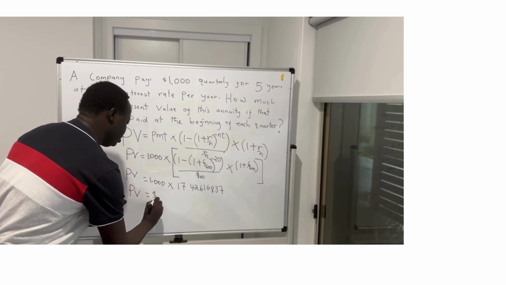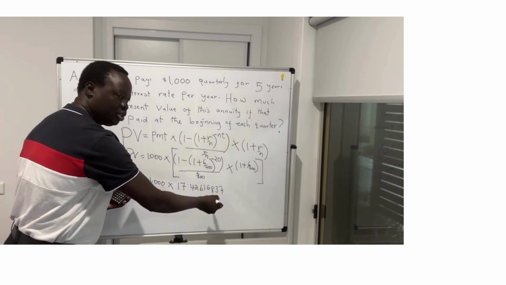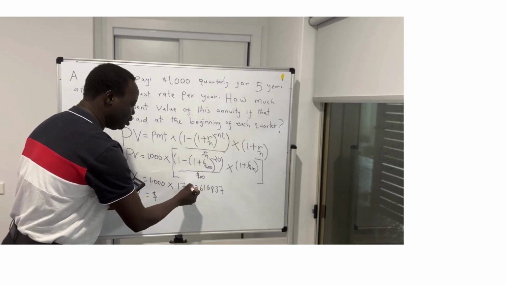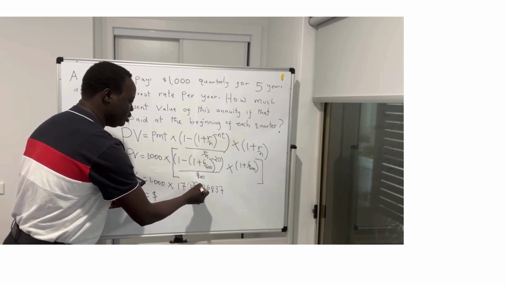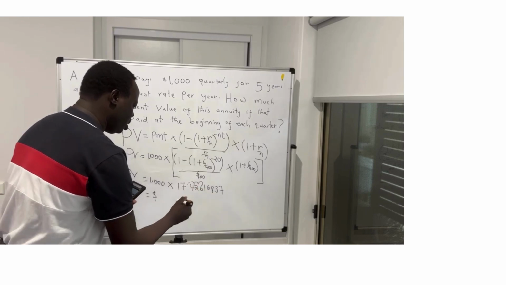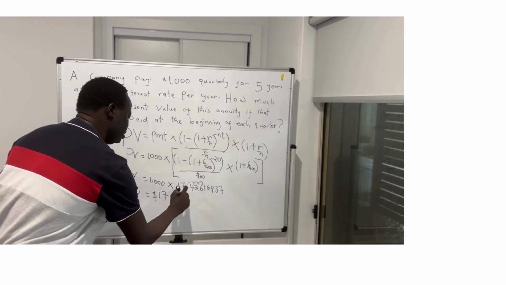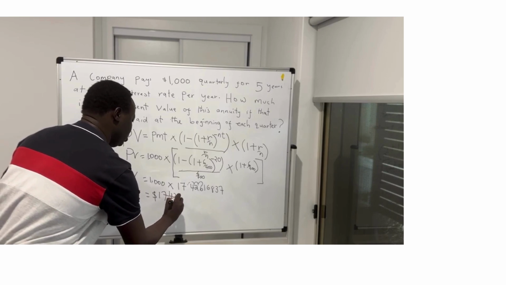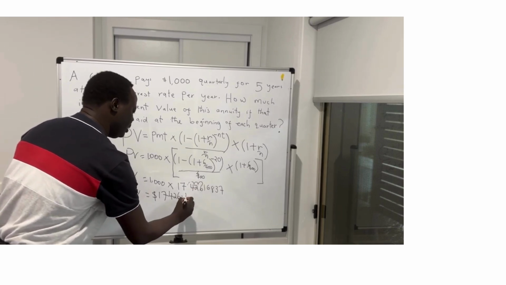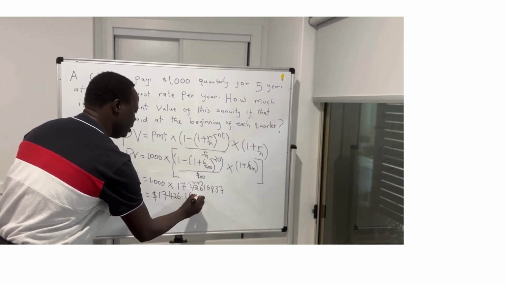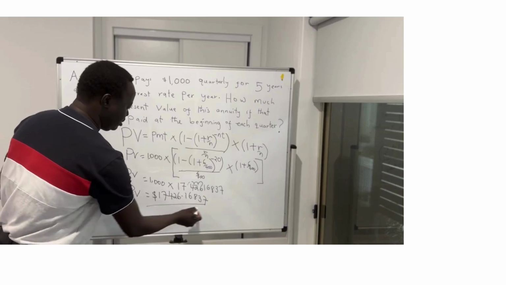Now, if we move 3 digits to the right from the decimal point here, 1, 2, 3, we will have 1, 7, 4, 2, 6 point, because we are here, 0.1, 6, 8, 3, 7. This is what you got here.